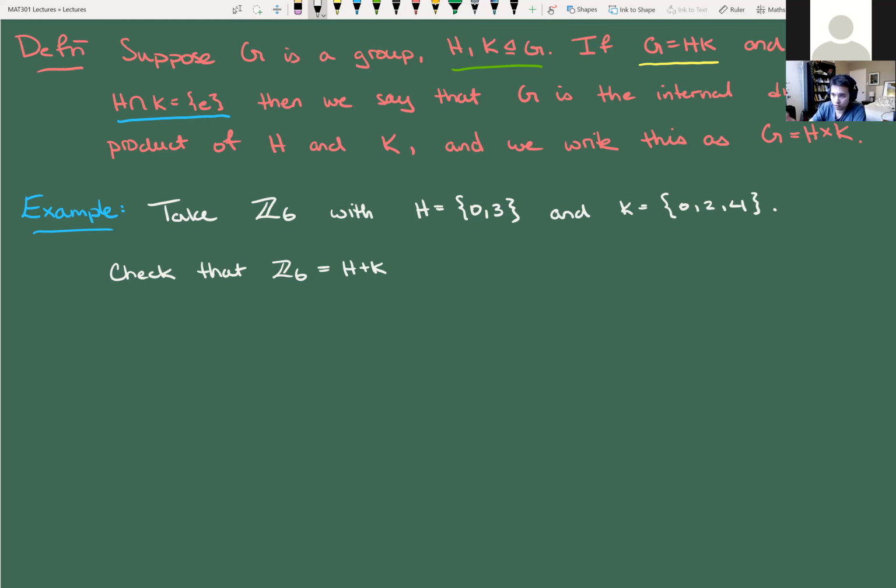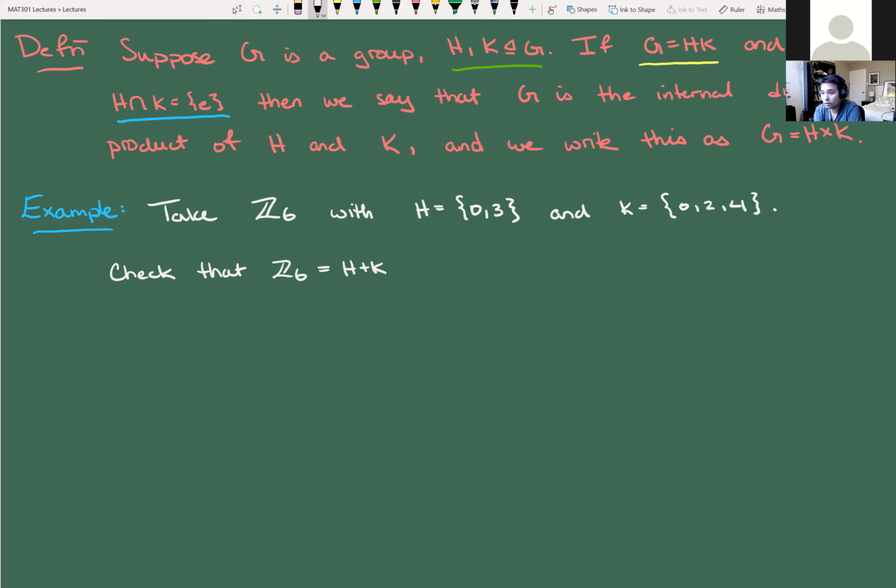Normally we would usually use multiplication, but in this case, the abelian operation is addition. So I'm going to write it as H plus K here. But convince yourself you can get every element, right? You're like, okay, how do I get a 1 from this? Well, 1 is 3 plus 4, right? 2 is already in K. 3 is in H, 4 is in K.